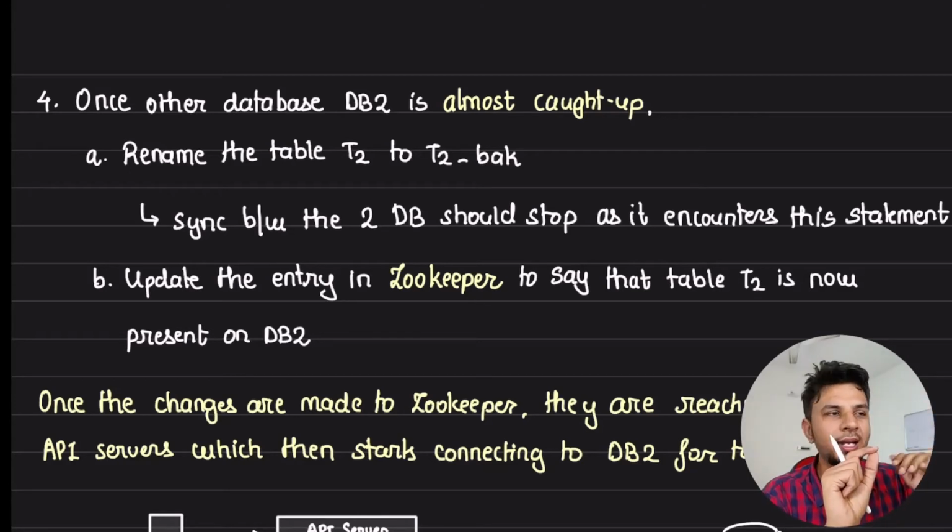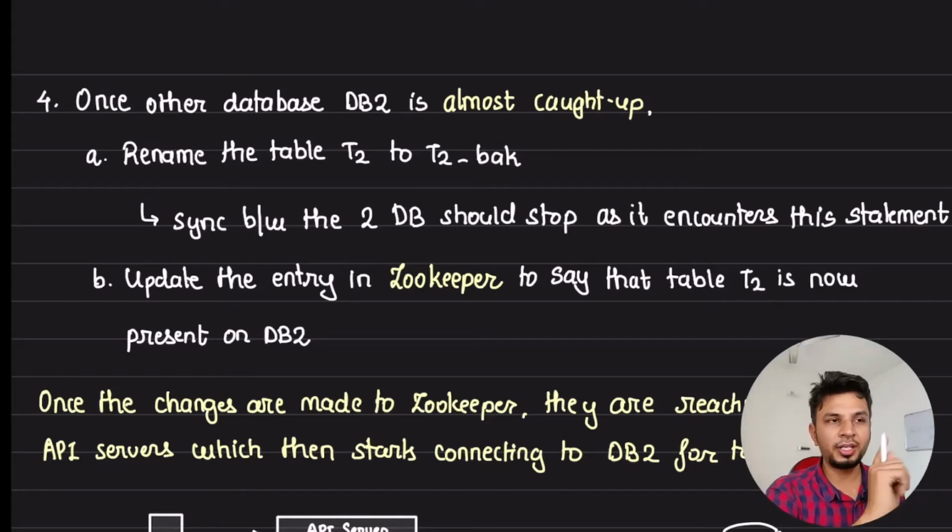If you change it to that, for the incoming queries for T2, that table does not exist. And rename operation is atomic. It's very fast. So for that duration, any incoming request for table T2 on DB1 will fail because it would give you a table not found error. That is exactly what we want. We want to stop the incoming writes onto this database, for this table.